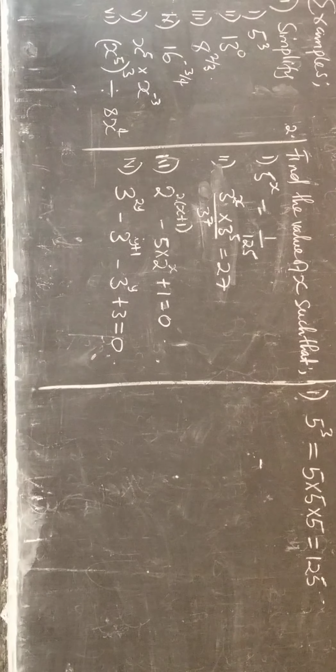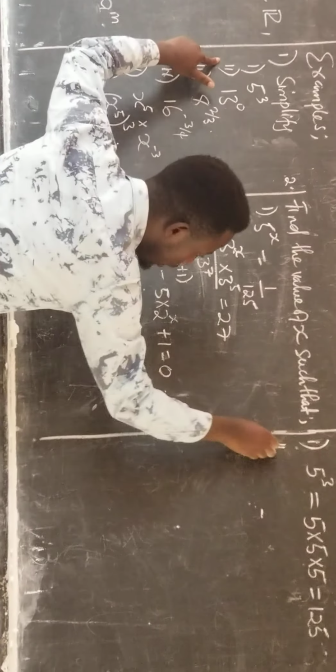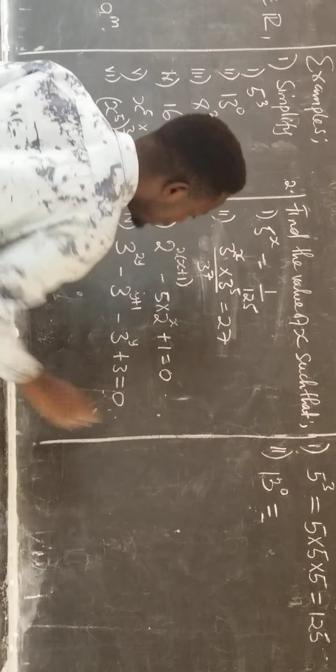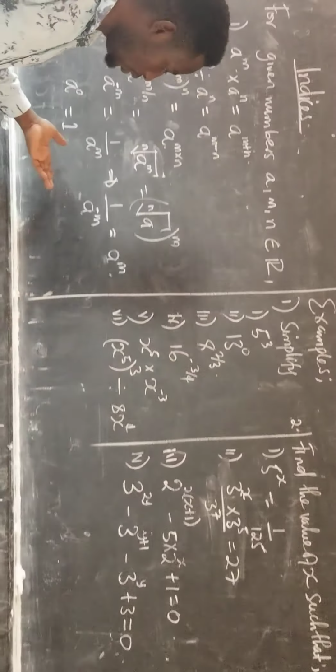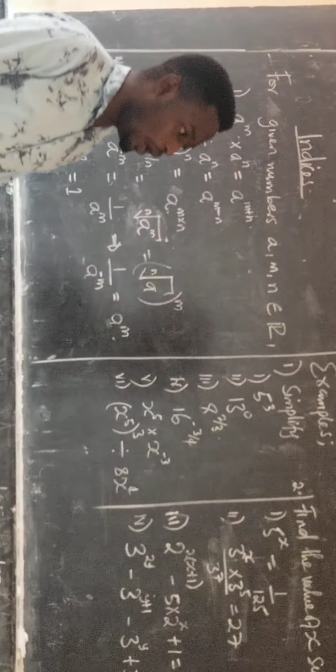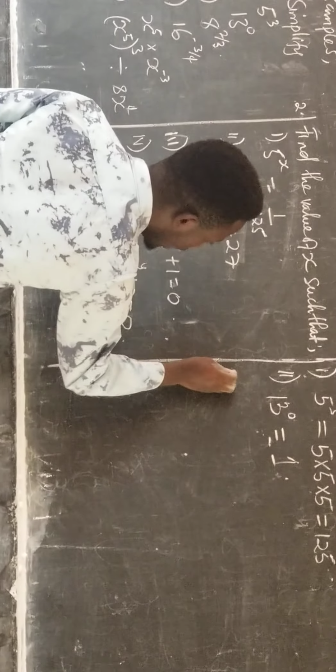Is that okay? Then number 2 is 13 power 0. From our last law of indices, any number power 0 is always 1. So this is equal to 1.